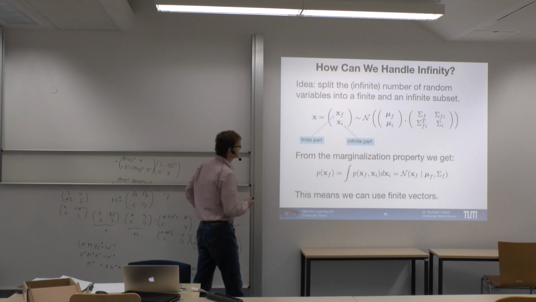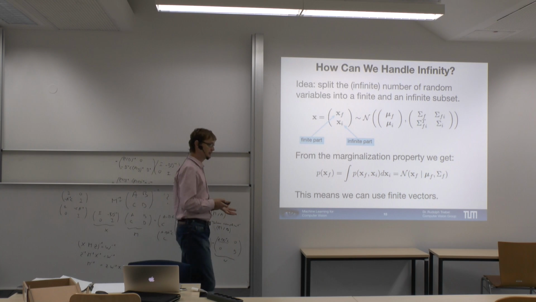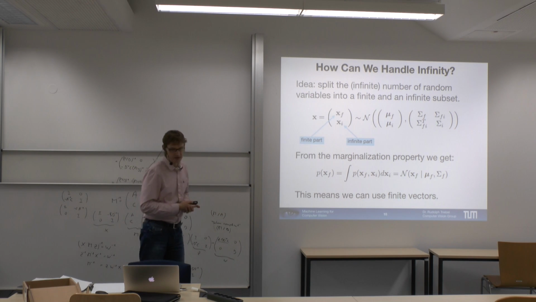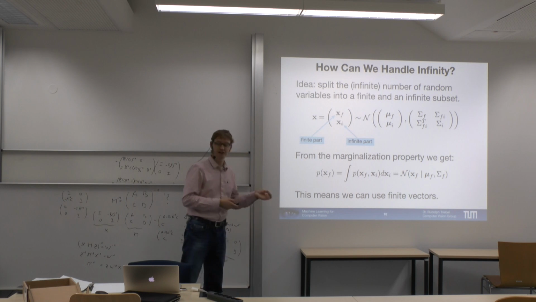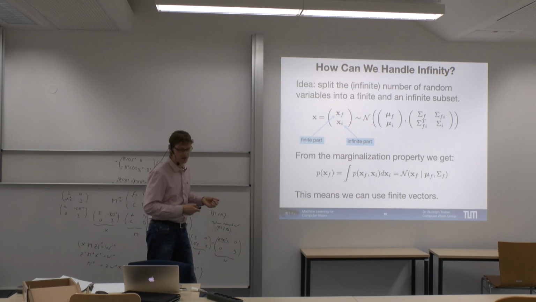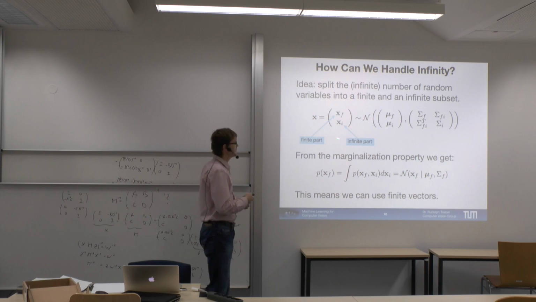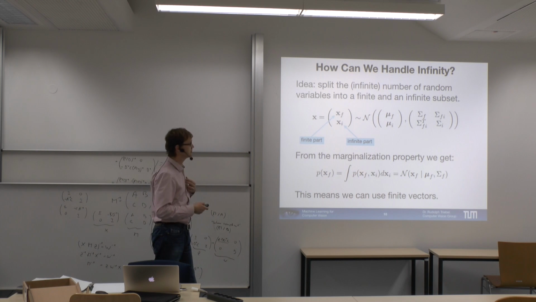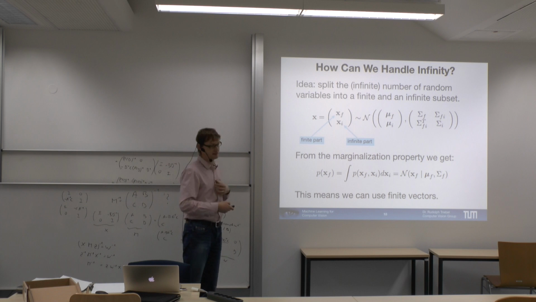Okay, that's all very nice, but there's one big problem. How can we handle this infinity? How can we deal with infinitely long vectors? The answer is that because Gaussians are so nice, we can do that. We can think of this as an infinite dimensional vector that is distributed as in a Gaussian process.